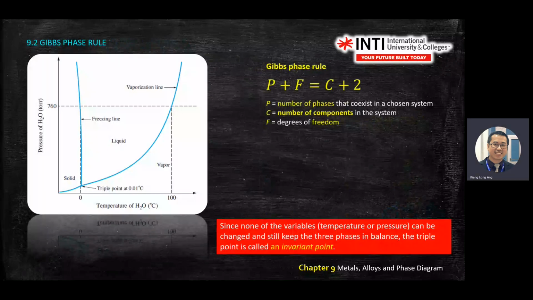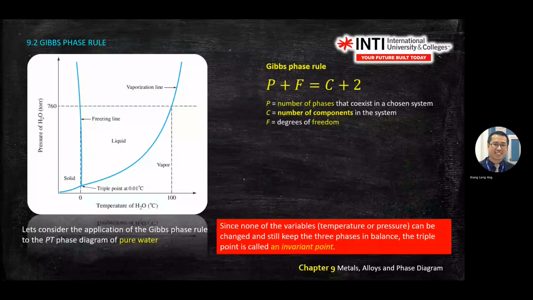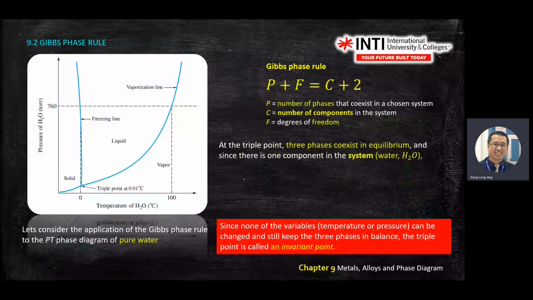Okay, so let's look at water first. Water phase diagram. So this is the phase diagram. At the triple point, three phases coexist, and since there is one component in the system, inside this phase diagram we only see water.